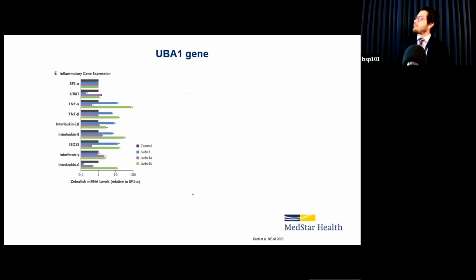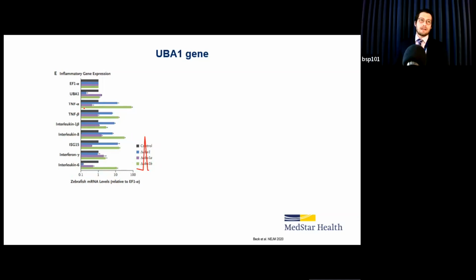And then to prove further or to understand the pathophysiology better, they used zebrafish models, and using CRISPR technology, they produced the same mutations, and they found an increase, especially when UBA1B was mutated, the cytoplasmic form. They found increased levels of many inflammatory proteins and cytokines, including interleukin-6, interferon-gamma, interleukin-8, TNF-alpha, and beta.